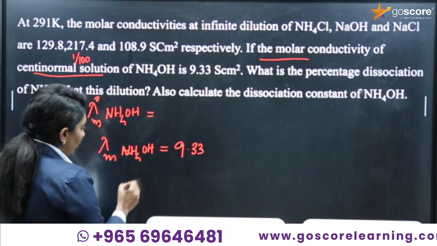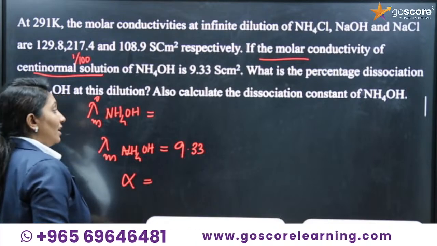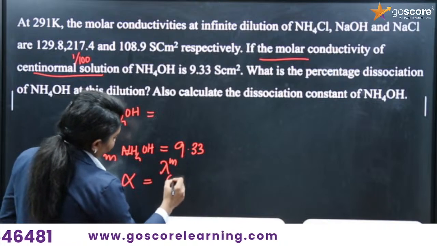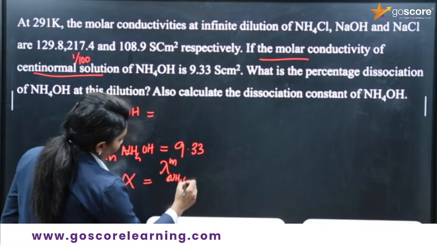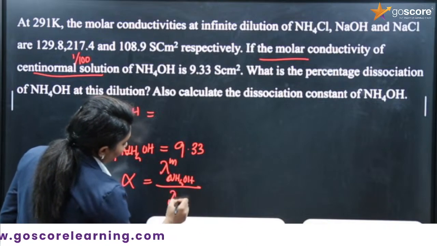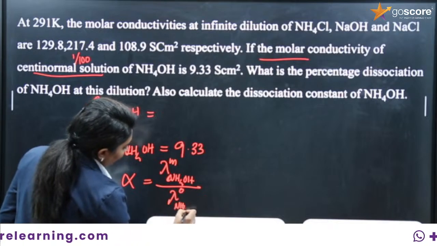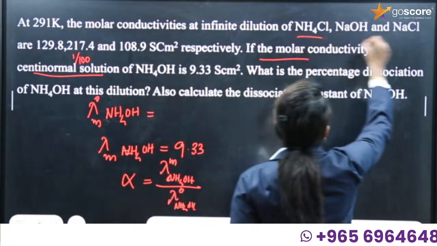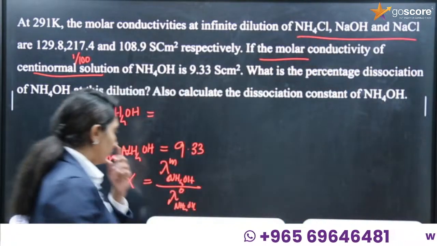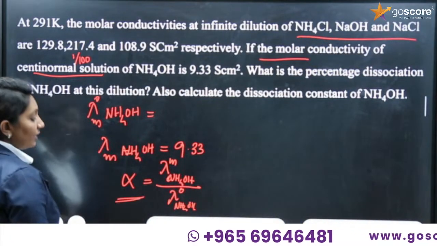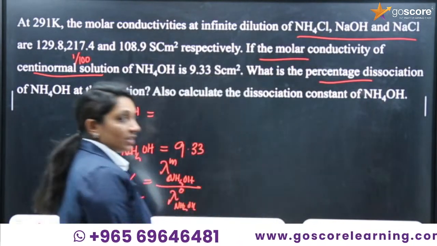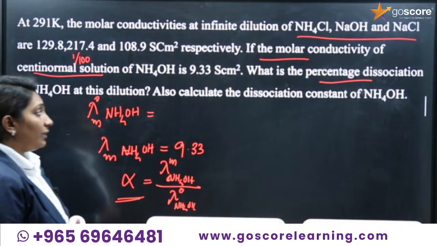From this value, you can easily find out the alpha value by the lambda M of NH4OH divided by the limiting molar conductivity. This one you can easily find out from the ammonium chloride, NaOH and NaCl value, right? So once you get this value, you will get the percentage dissociation.